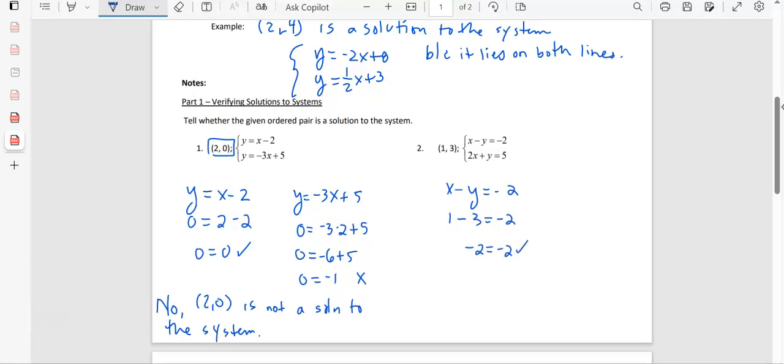Again, (1, 3) works in the first; it's a solution to the first, it lies on that line. And yes, it also satisfies the second equation. So (1, 3) is a solution to the system.